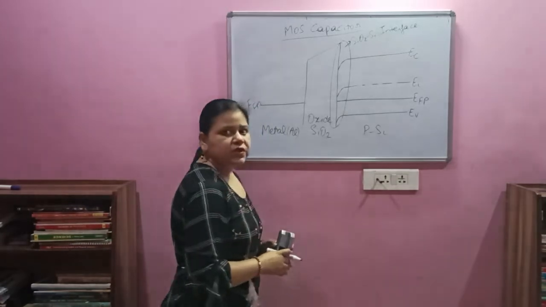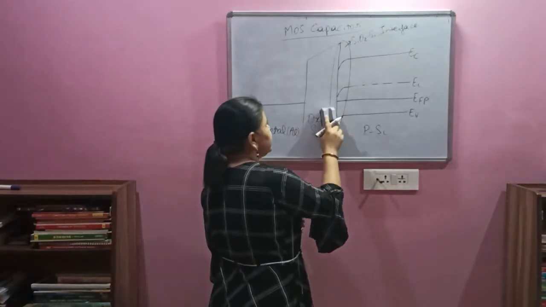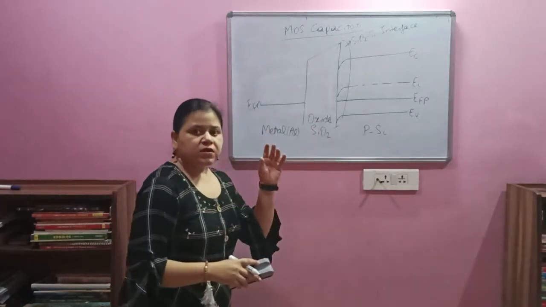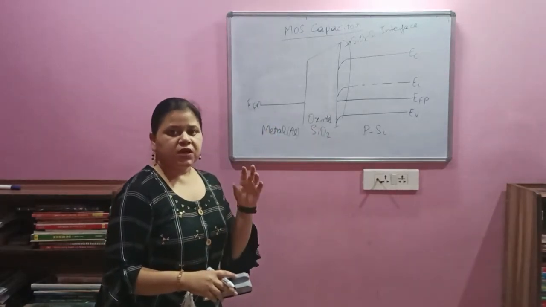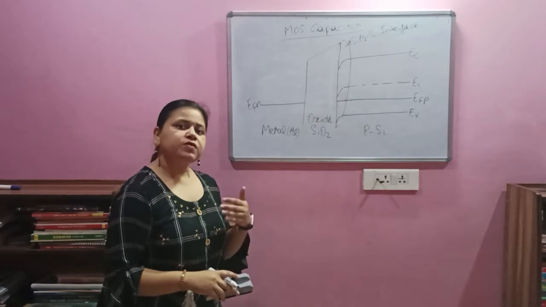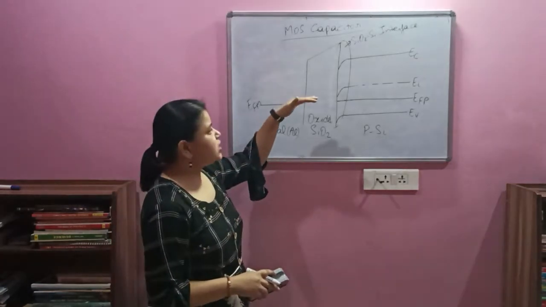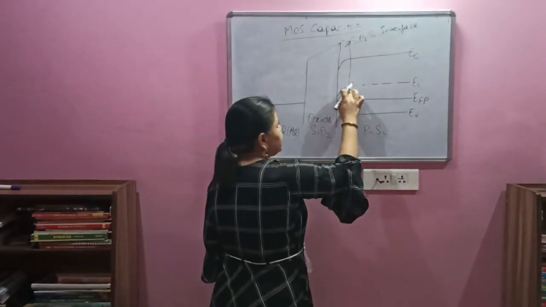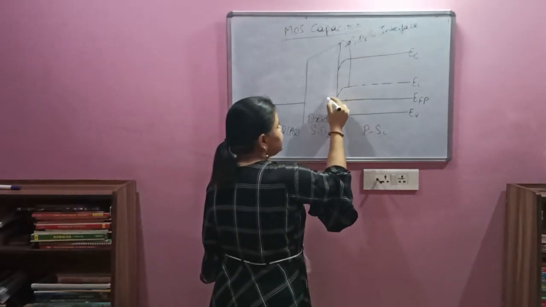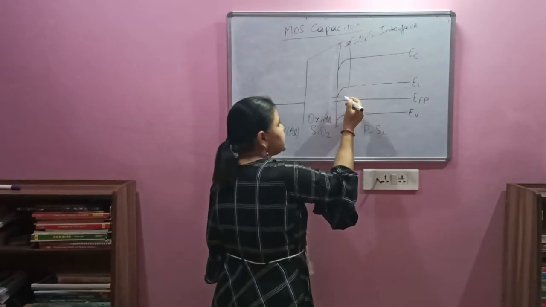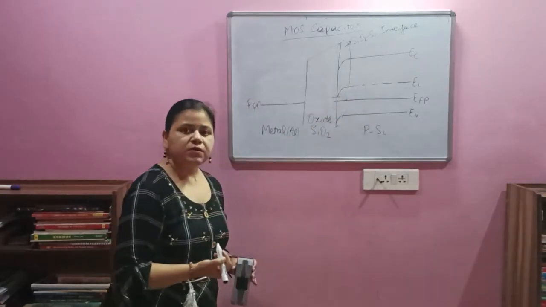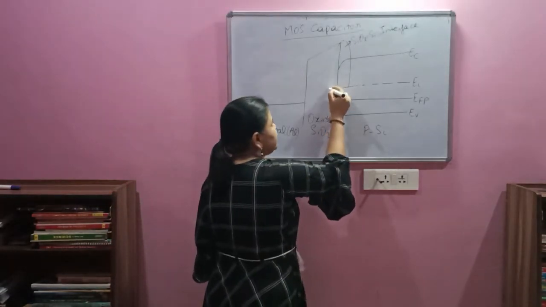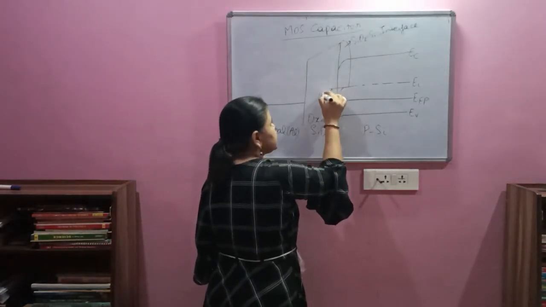Now what will happen with this bending? This bending is a consequence of the difference in the work function, and because of the difference in work function, a voltage is developed across this system. What this is doing, basically, is bringing the intrinsic Fermi level closer to the Fermi level of the p-type silicon, and the amount by which it is bending is known as psi s.